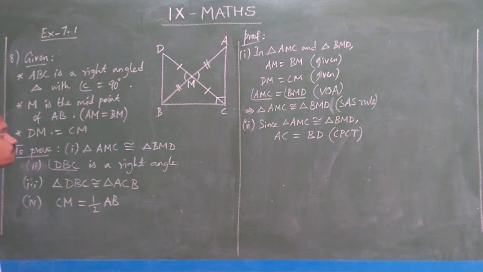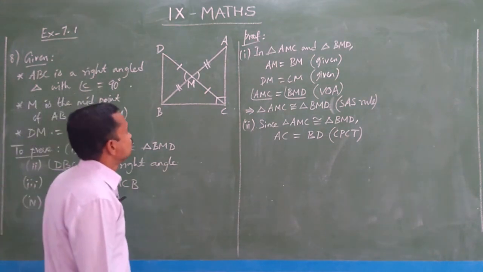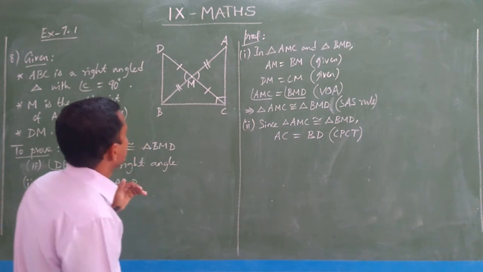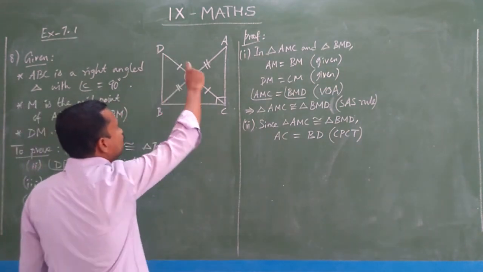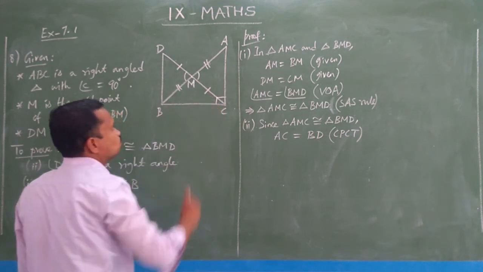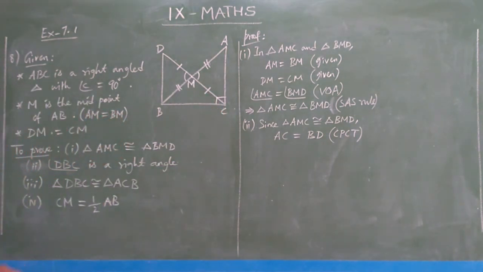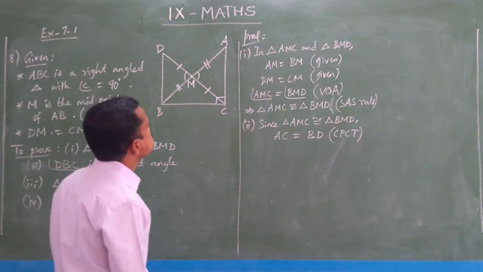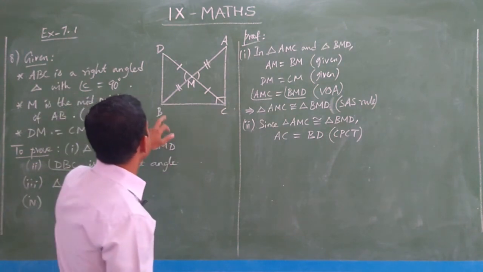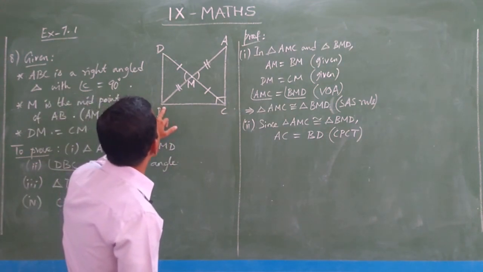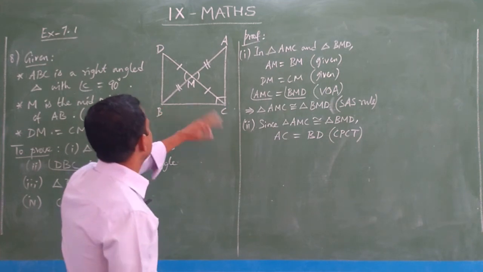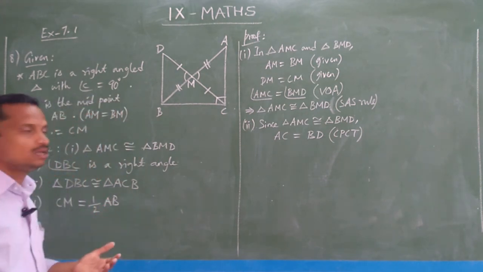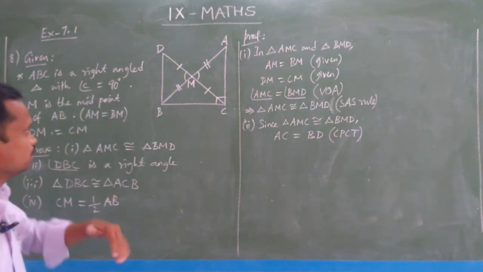For that, I am taking one more thing. Here, this angle and this angle are equal, and then for DBC 90 degrees, we have to use the co-interior angle property and the alternate interior angle property.